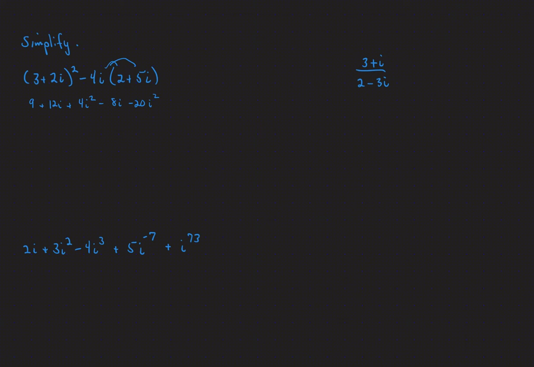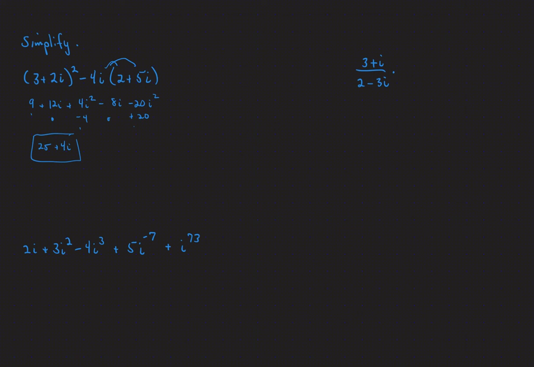Now we know i squared is -1, so this is going to be a -4, and that's going to be a plus 20. So we're going to have 9 minus 4 is 5. 5 plus 20 is 25. And 12i minus 8i is 4i. And that's going to be our answer.